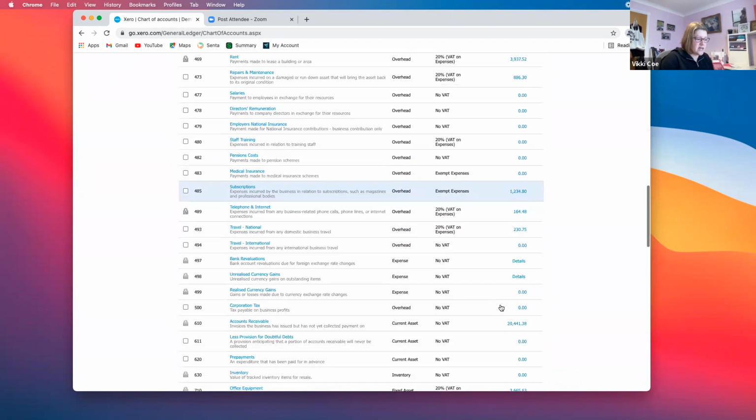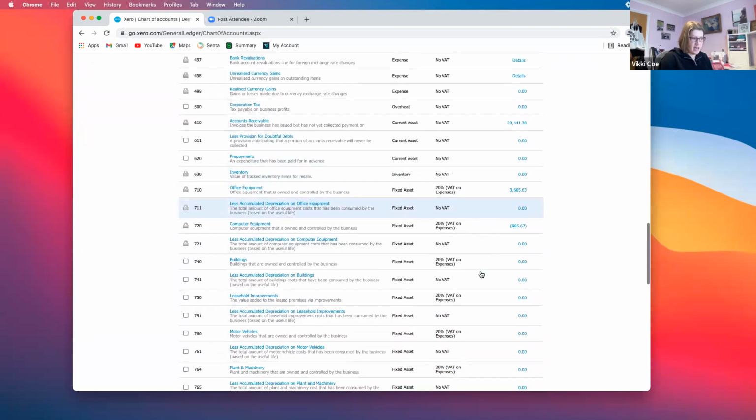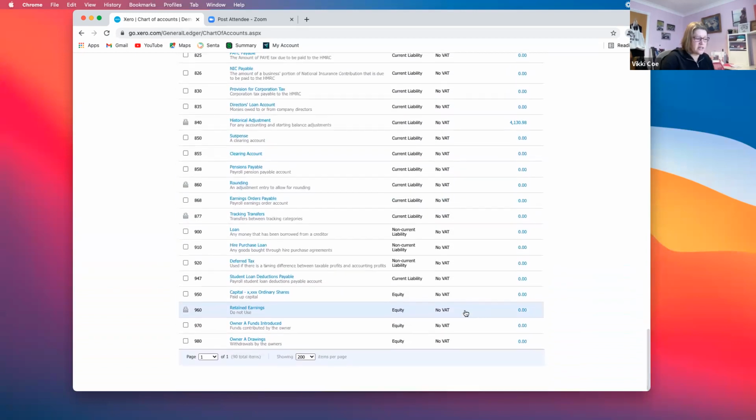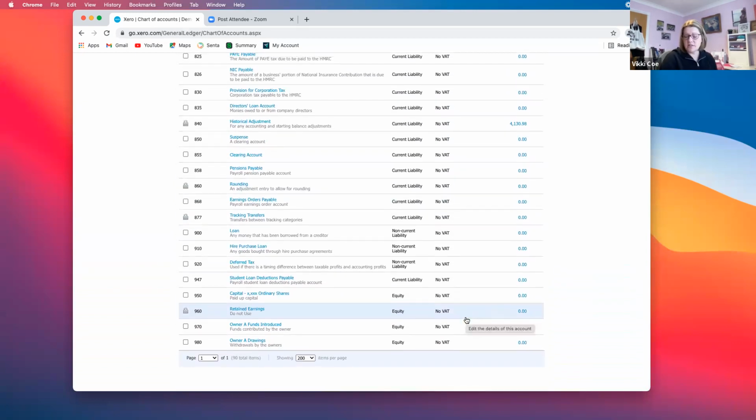All the ones underneath that we were just talking about, which are your current assets, your fixed assets, your current liabilities, your non-current liabilities, and your equity, that all goes into the balance sheet of the statutory accounts. So that is showing at year end what the company owes, is owed, and what the owners themselves have within the company.